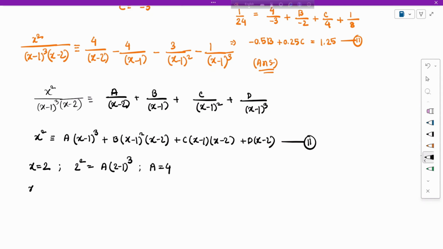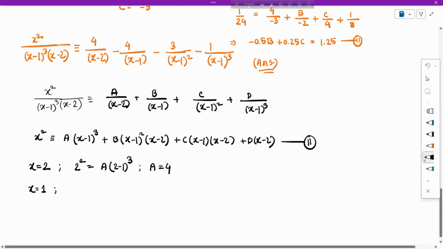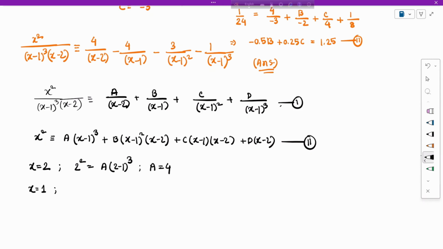All right, so now the $1,000,000 question, x equals 1. If we plug in x equals 1 in the second equation right here, then what happens? Plugging in x equals 1 results in x minus 1 equals 0, and notice that there is x minus 1 here, x minus 1 here, excluding the d. So this and this expressions will be 0. We're only going to be left with d.